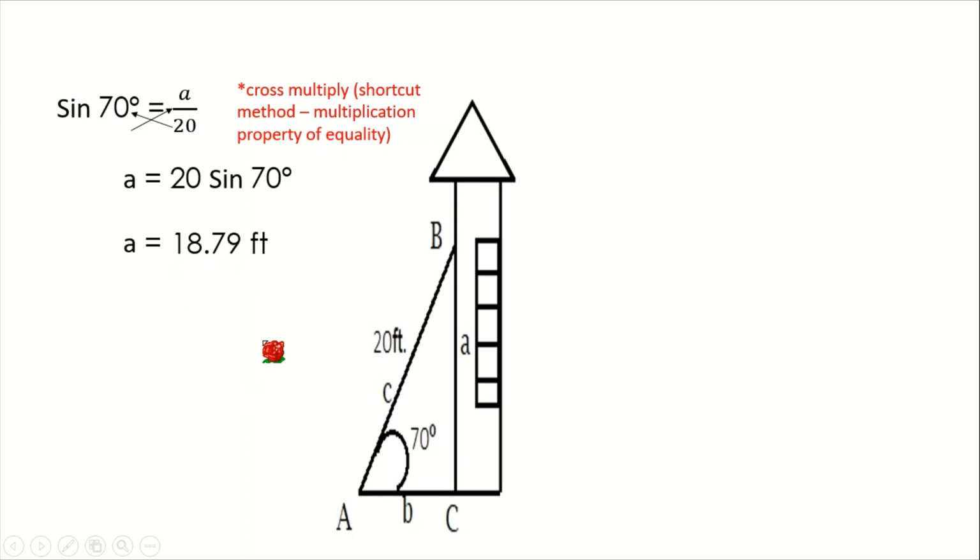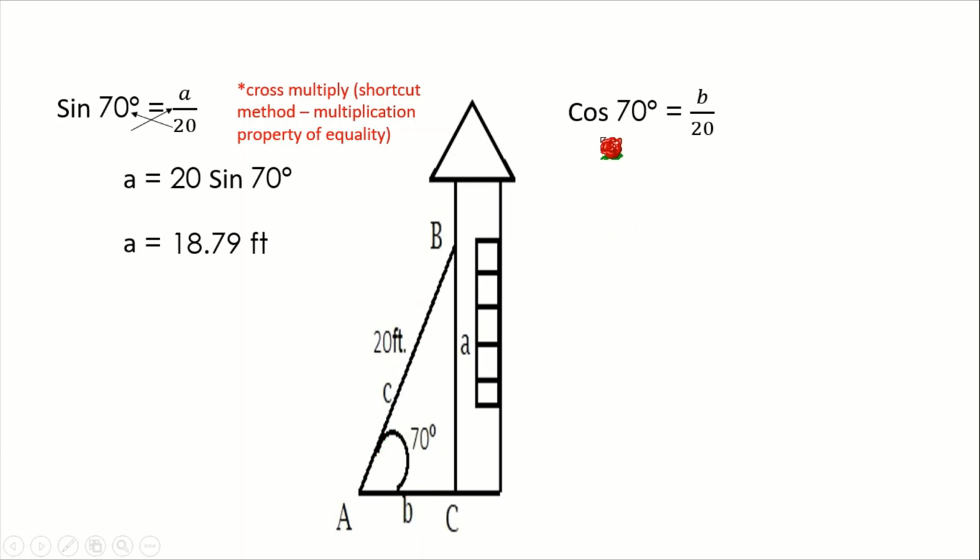Another is the base, or B, the distance we are looking for from the base of the house to the foot of the ladder. We can use cosine. We are looking for the adjacent side. This is our angle, and we look for the adjacent. We also have the hypotenuse, so we can use cosine.